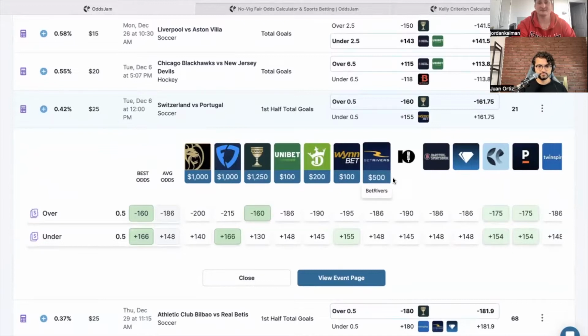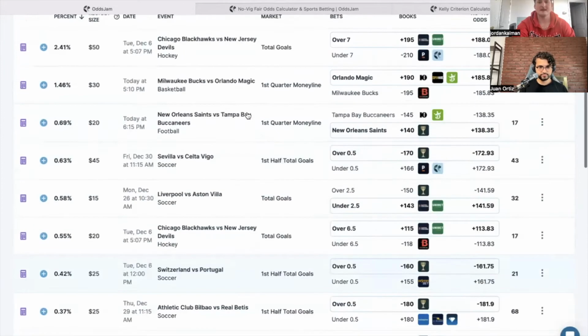Clearly discrepancies, and clearly the outlier is Caesars right here, where it's minus 160. MGM at minus 200, FanDuel at minus 215, Pinnacle even offering it at minus 175. That's a play that I would feel very confident in taking, clearly showing that all of the other sportsbooks are pushing much higher odds. So I'd feel very comfortable taking it at minus 160.